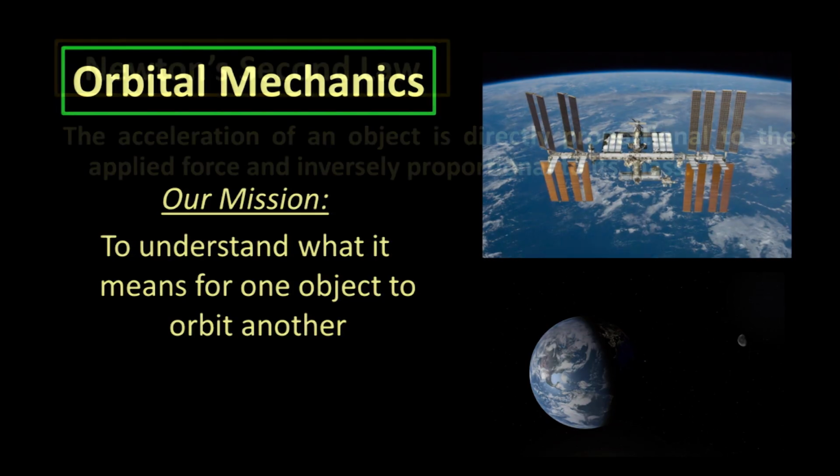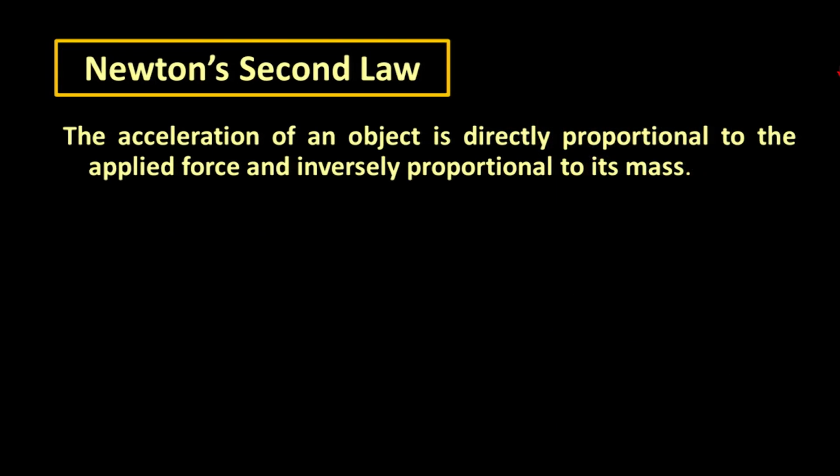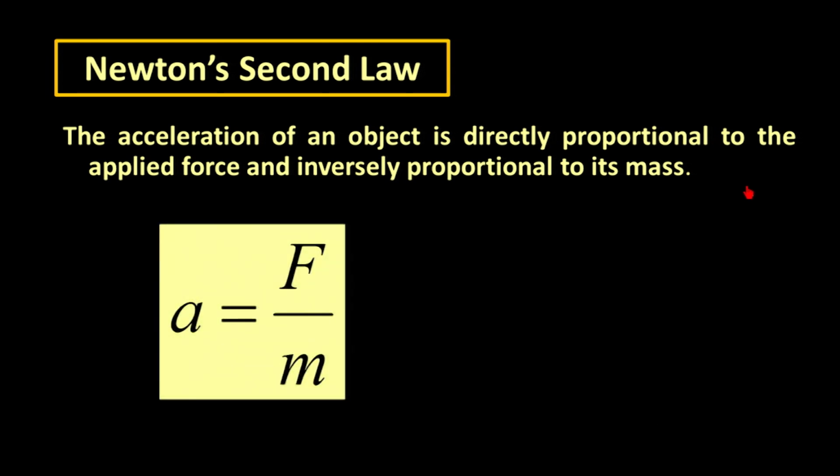Now, Newton's second law, let's start off with the language of it. His second law says that the acceleration of an object is directly proportional to the applied force and inversely proportional to its mass. In words, he's actually describing a formula. This is why in our previous video it was important for you students to understand what it means to have a direct proportionality versus an inverse proportionality.